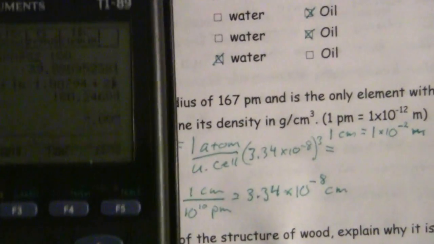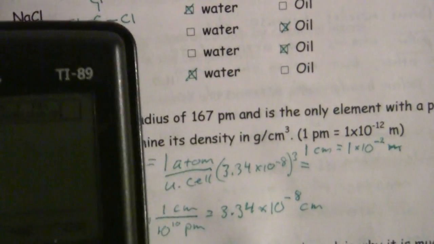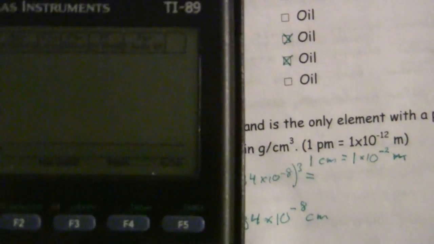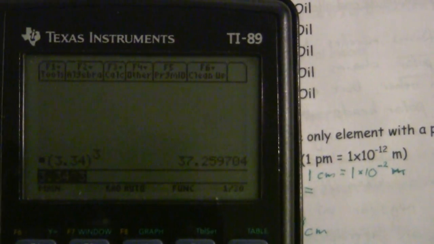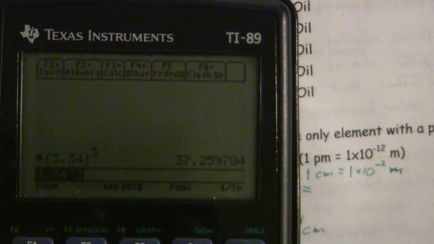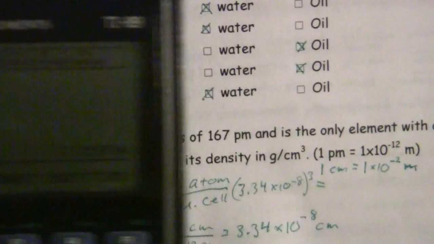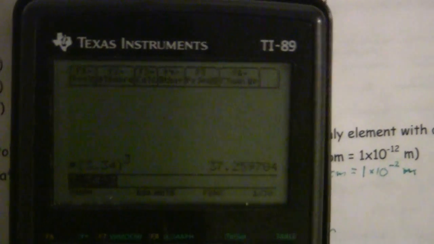When we cube that, we will have 3.34 raised to the 3rd power, which is 37.226. As long as we keep at least one extra significant figure, we should be okay.